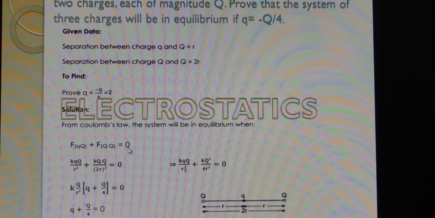So this is the way how we use this equation, because it is given that the three charges will be in equilibrium if q is equal to minus Q by 4. So if the charges are in equilibrium, we are going to use this equation.